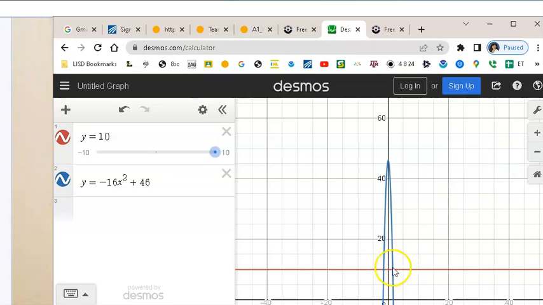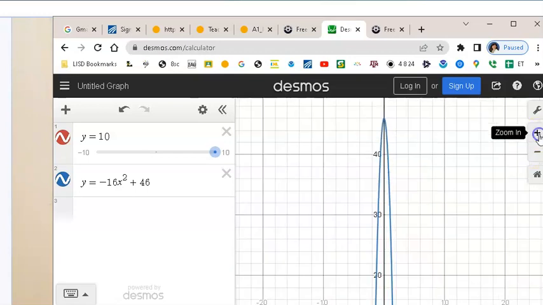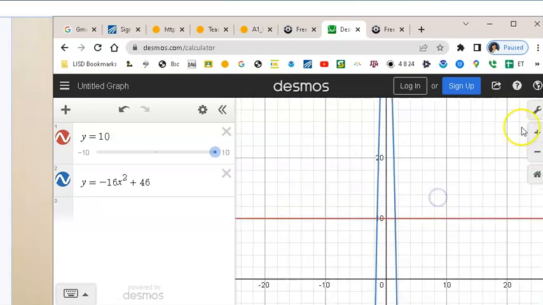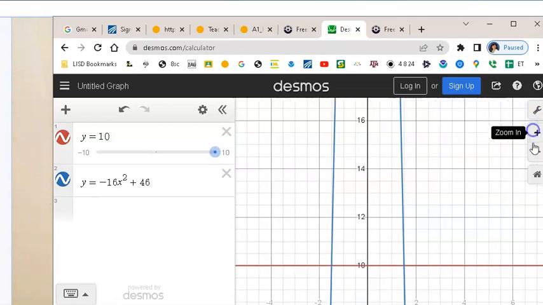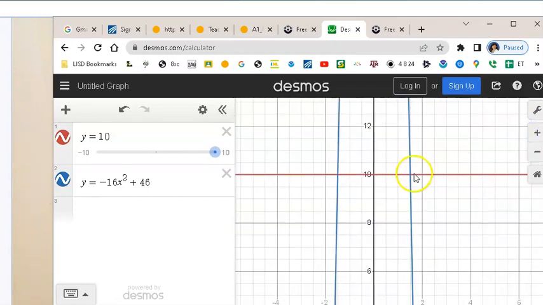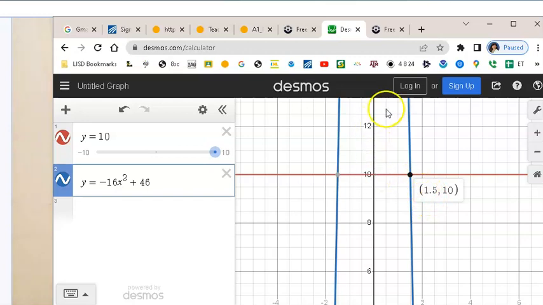But I do need to hone in on this intersection right there. So we're going to come up here, and if I click on that, that's 1.5 comma 10, which means that the chestnut is going to fall for a second and a half before it gets to the 10-foot mark.